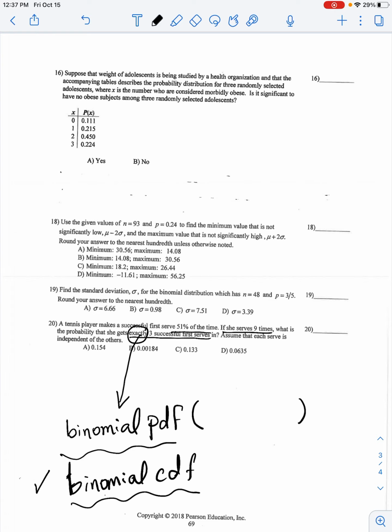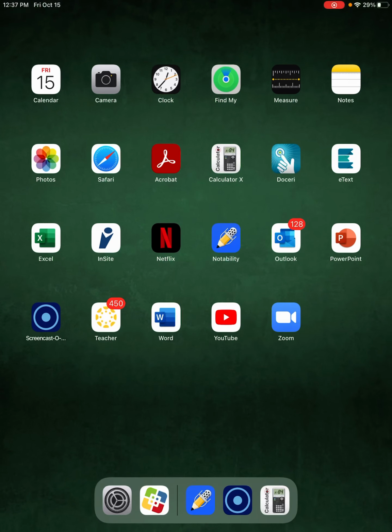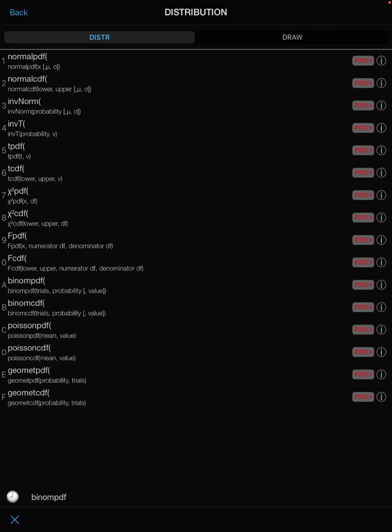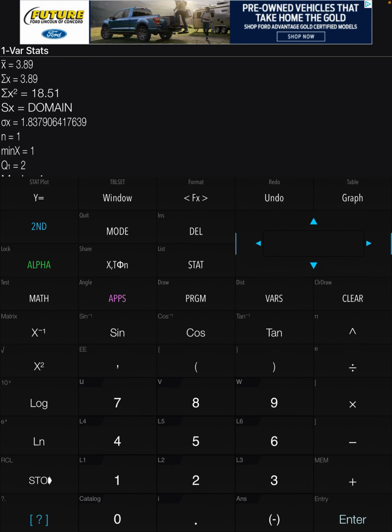On your calculator, you go to second vars, and as you see, A is binomial PDF, B is binomial CDF. We need binomial PDF.